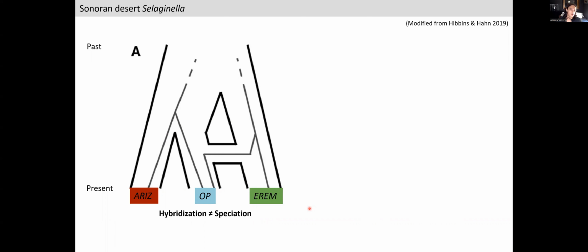The alternative model is one in which speciation is not occurring at the same time as hybridization. So if we look at the coalescence times, we find that maybe sometime in the past, this Organ Pipe hybrid diverged from the arizonica parent, and then a little more recently in time, hybridized with the eremophila parent, producing that signal that we see. So those two coalescence times will be different.